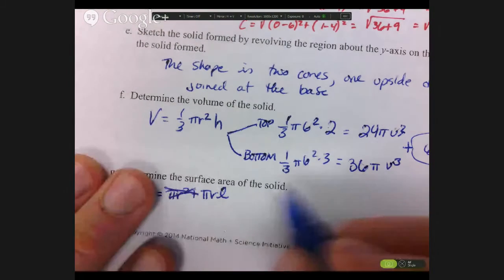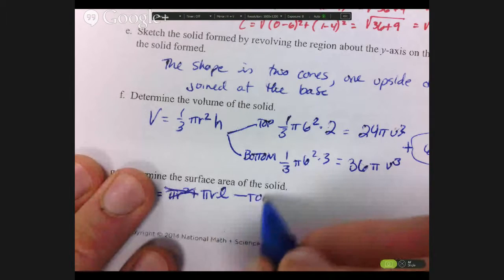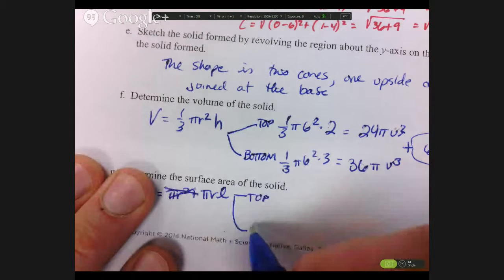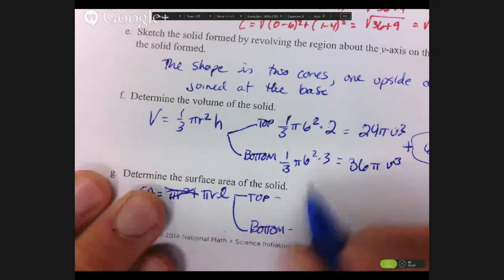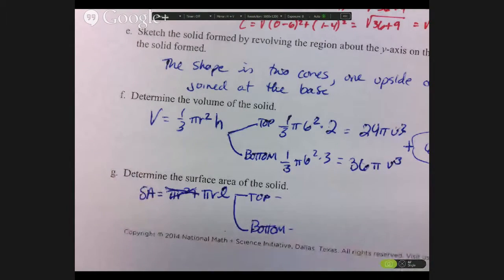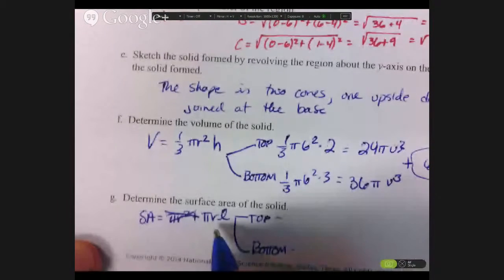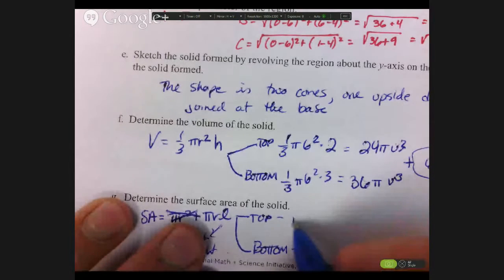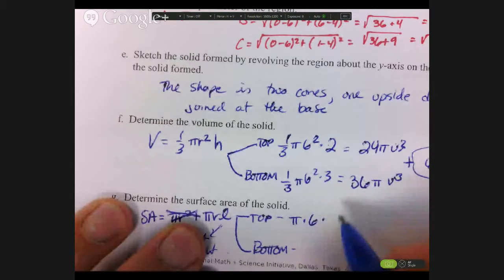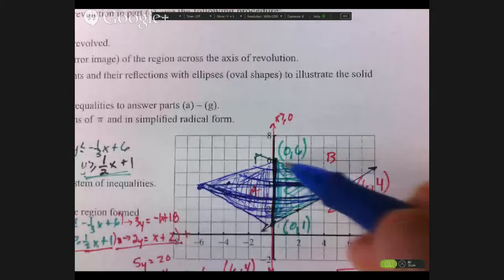Okay, all we need is the top pi RL and the bottom. Does anybody remember what L stands for? Yeah, slant height. Right, so the top is pi times radius, and what's this slant height?